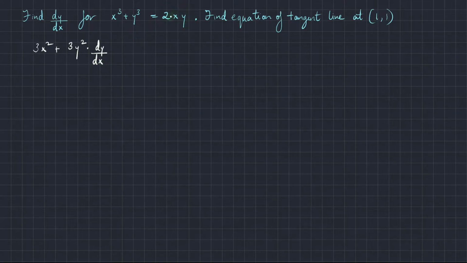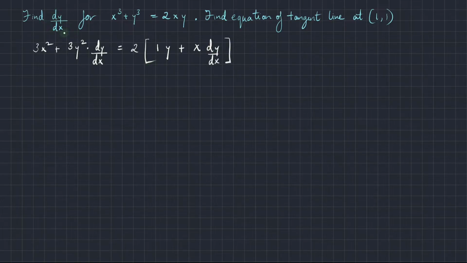Differentiating the right side, we need to use the product rule. So this is going to be 2 multiplied by the derivative of x, which is 1 times y, plus x times the derivative of y, and the derivative of y is just 1 multiplied by dy/dx.